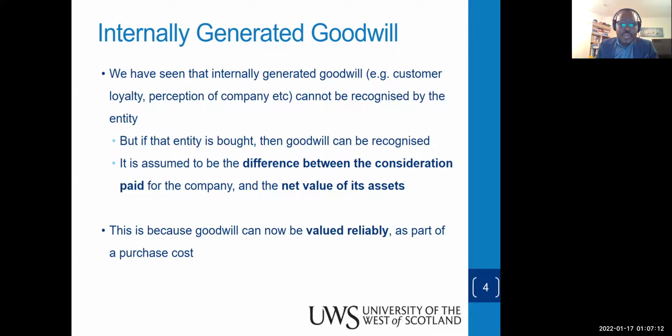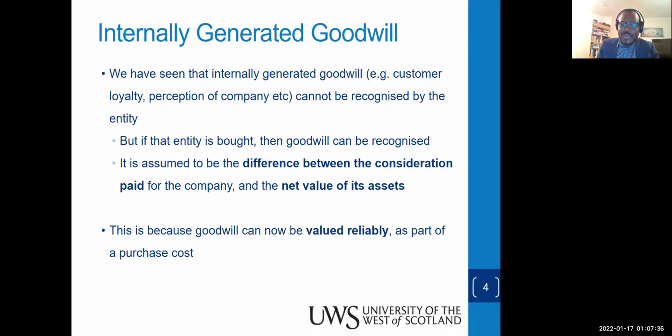So we have internally generated goodwill, like customer loyalty, perception of a company, which cannot be recognized. Note carefully, internally generated goodwill also should not be recognized. But if that entity is bought, then goodwill can be recognized.